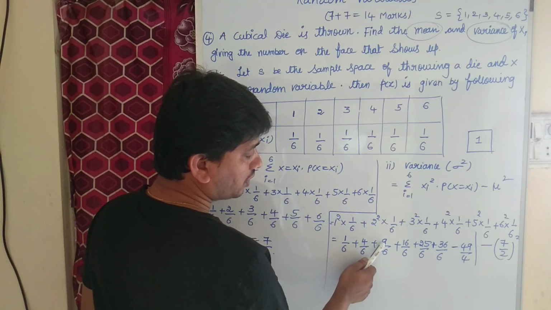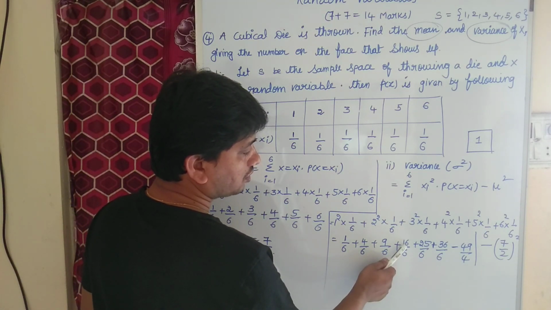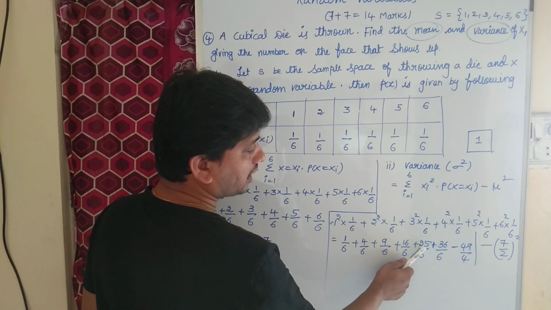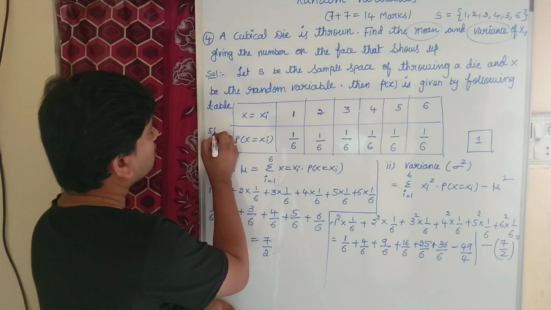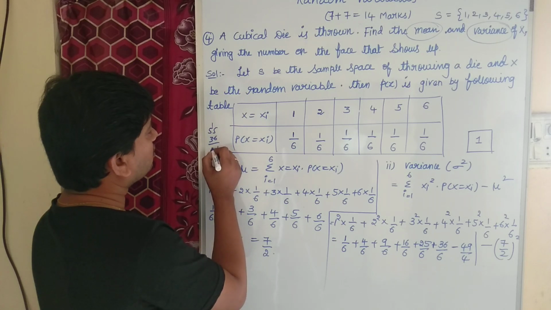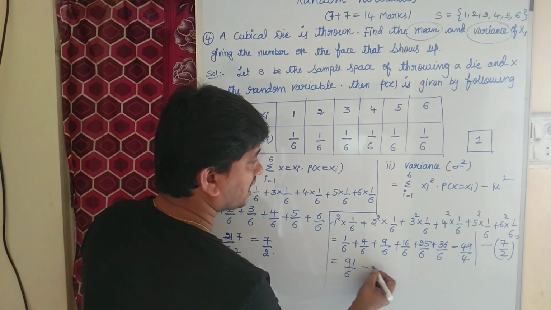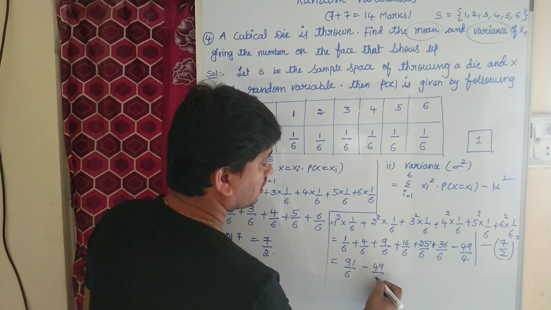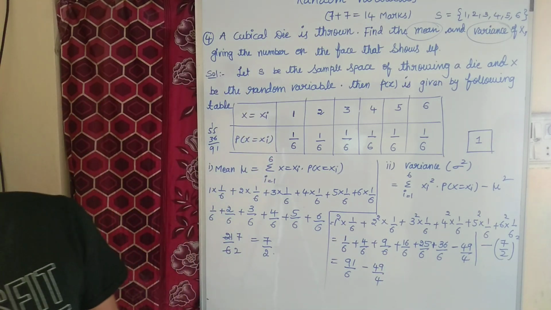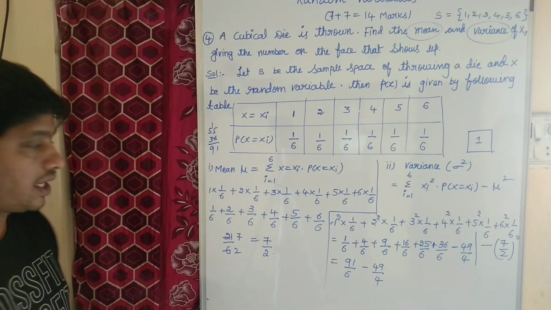Now 5 plus 9 14, 14 plus 16 30, 55, 55 plus 36, 6 plus 5 11, 91. 91 by 6 minus 49 by 4. Yes, correct only.